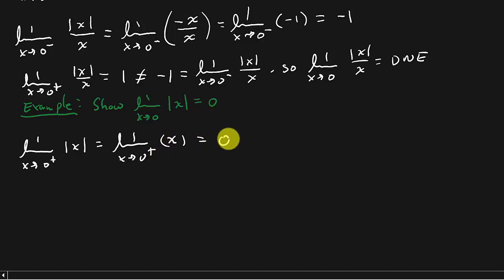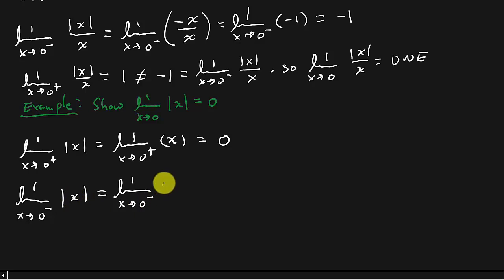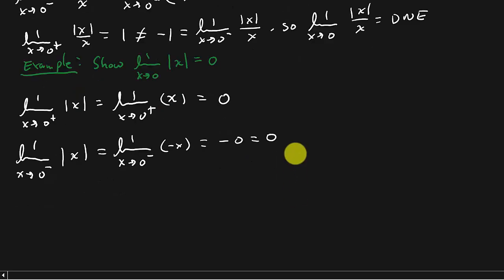That's 0. Now, we've got the limit as x goes to 0 from the left of absolute value of x, which is equal to the limit as x goes to 0 from the left. And we're plugging in negative x, because x is negative since we're coming in from the left. So we plug the 0 in, that's negative 0, which is 0.